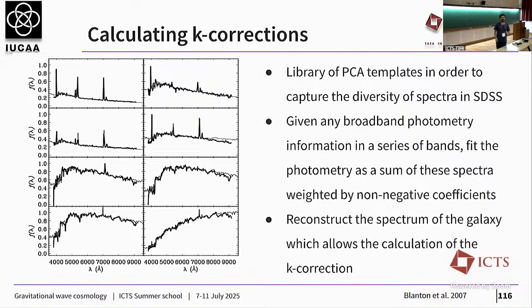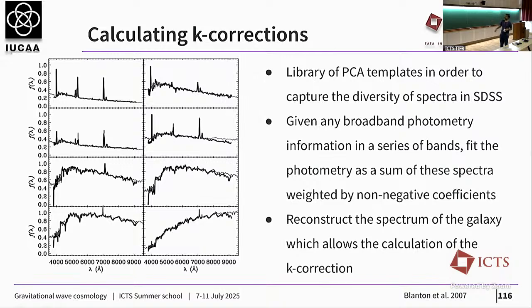So you'll say the observed flux should be reproduced within the error by some A times this plus B times this plus C times this, D, E, F, and so on, and then fit A, B, C, D, E, F, G to the fluxes that have been measured within the errors that are given. Once you do that, you can reconstruct the spectrum of a galaxy. Once you have the spectrum of a galaxy, you can figure out what the K corrections are.